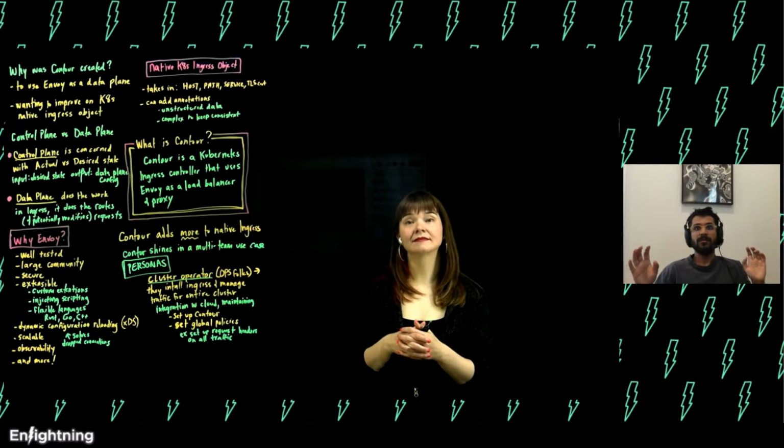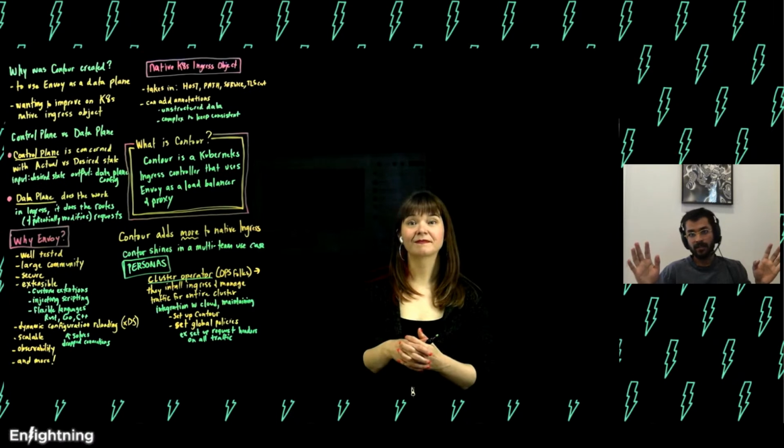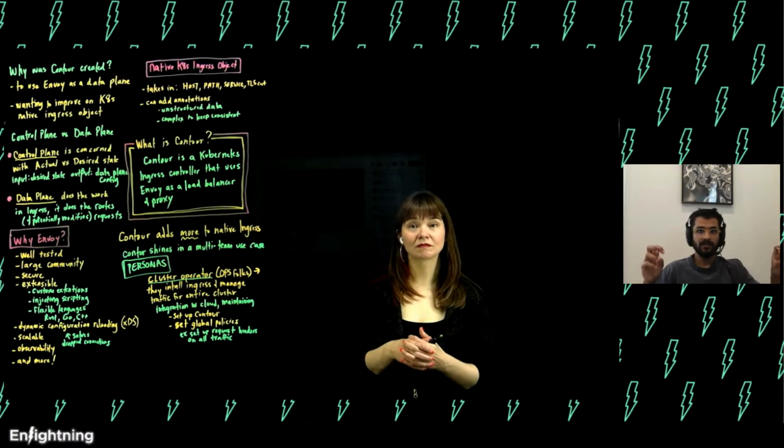Then to integrate with your cloud provider, you would have a service, which I think James talked about in the Nginx live stream, of type load balancer. That is a signal to your cloud provider to say, hey, I want you to expose this service running in my cluster. I want you to create a cloud load balancer for me.